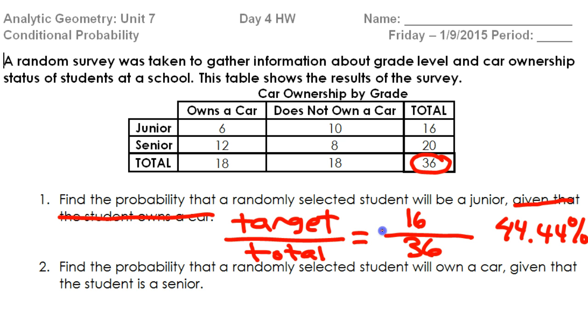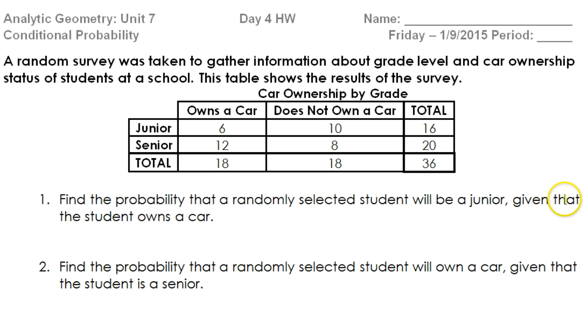But they gave us some additional information. They say, given that the student owns a car. So we know that the student owns a car, so we can forget about everything else on the chart.